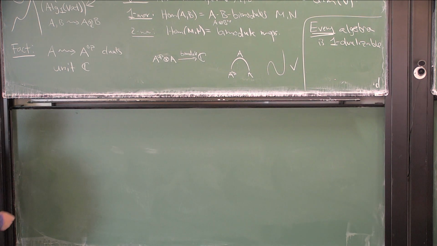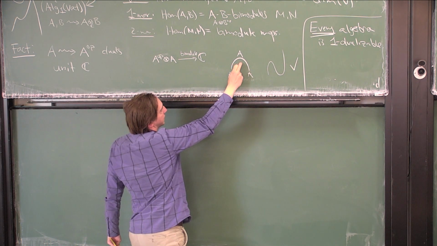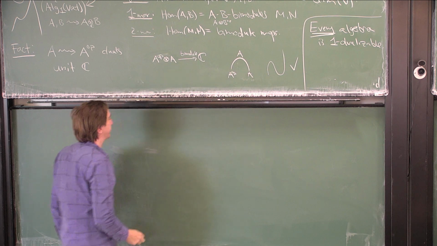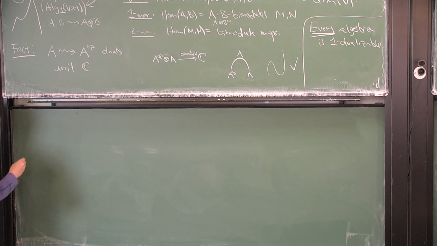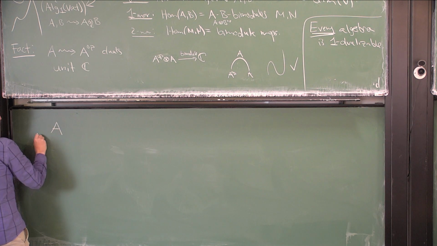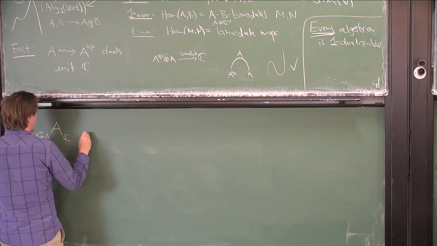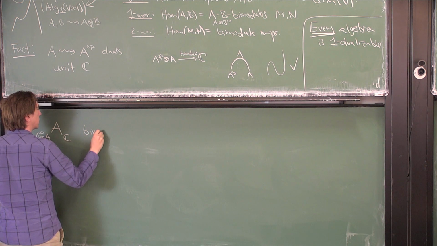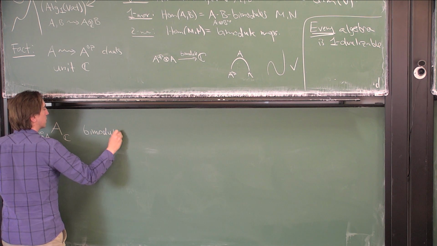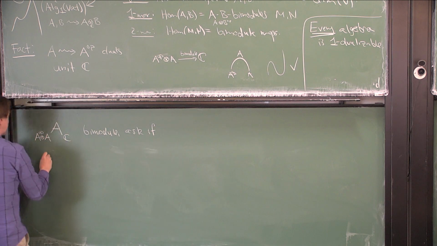So now for two dualizability, what we need to do is we need to take this morphism and ask if it has adjoints. So that is, we need to regard A as an A op tensor A, C bimodule, and ask if it has adjoints.